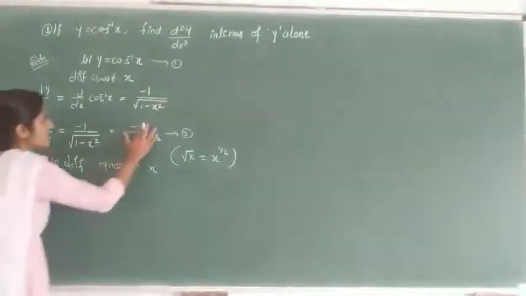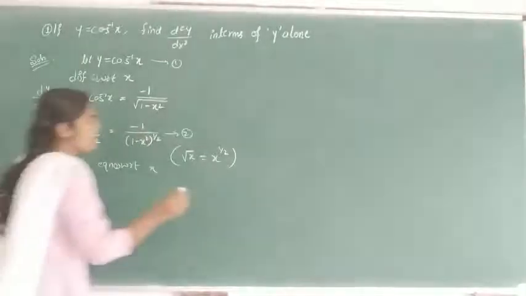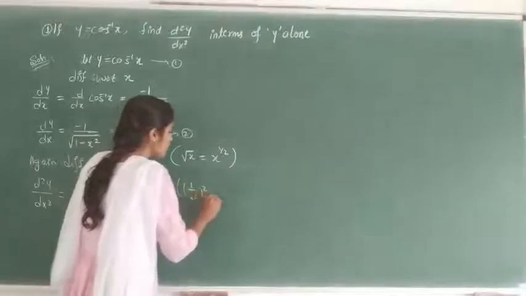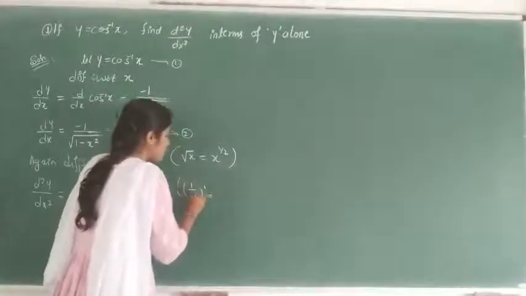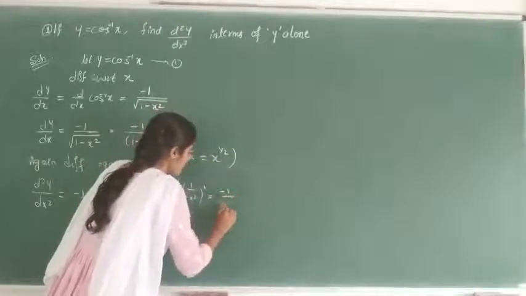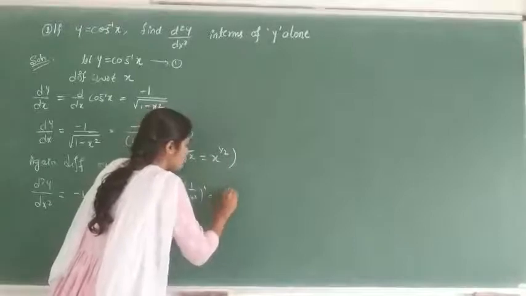The derivative of this function will be, minus 1 constant. What is the derivative of 1 by x square? How will you calculate the derivative of 1 by x square? You can write it as x to the power minus 2.